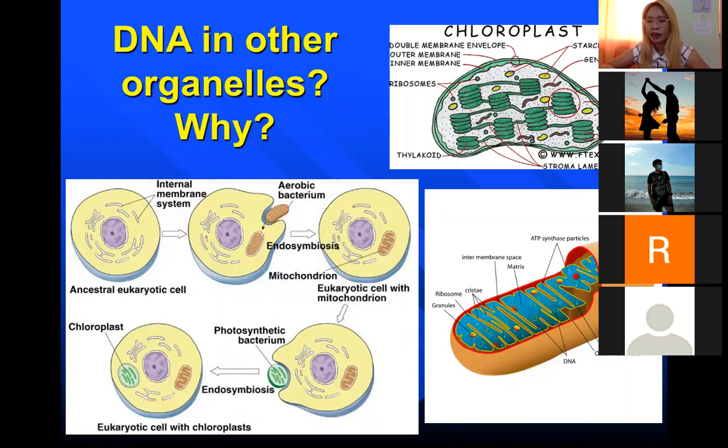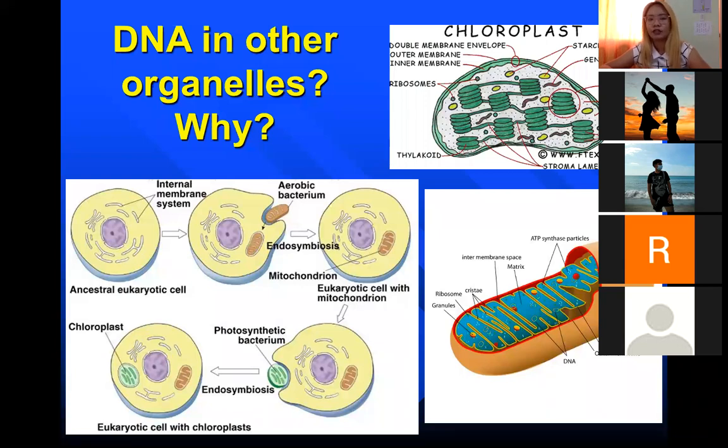So ibig sabihin, pag i-count natin yung DNA na nakukuha natin coming from our mother, we are inheriting not just the DNA found in the nucleus, but we are also inheriting yung DNA that is found in the mitochondria. That's why most traits na na-observe sa isang anak, most of the time, they come from the mother.